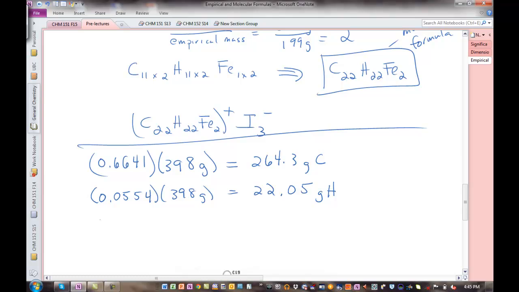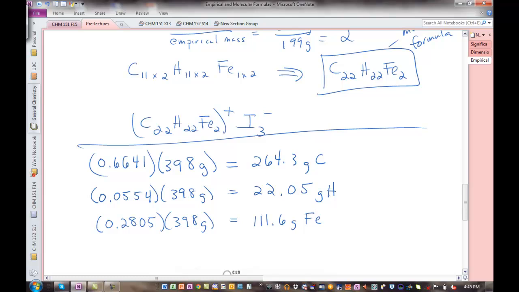And then iron was 28.05%, so again, convert to a fraction. So 111.6 grams of iron.